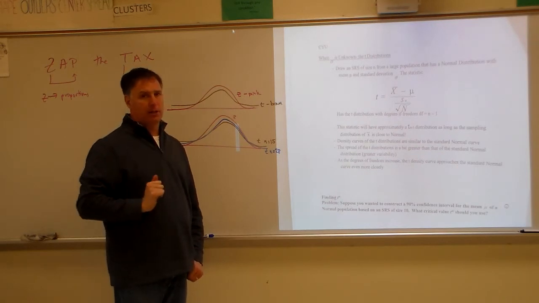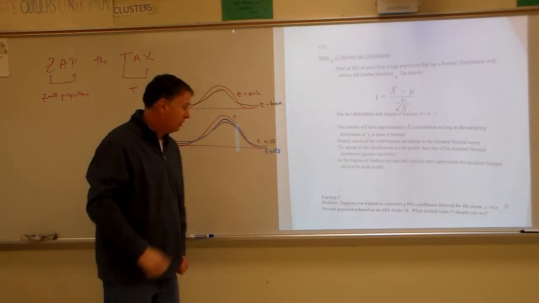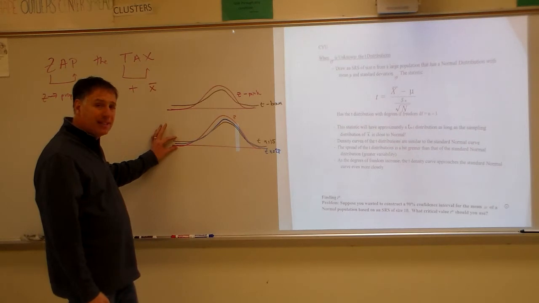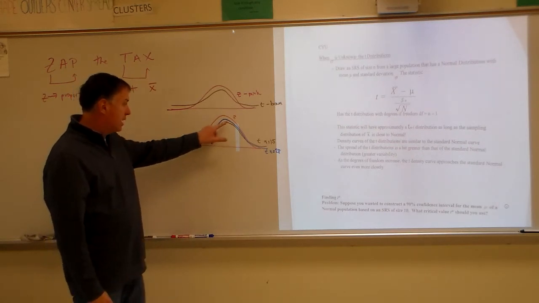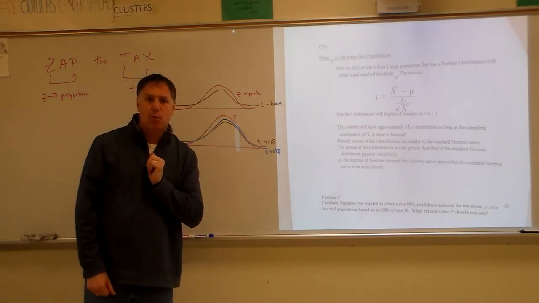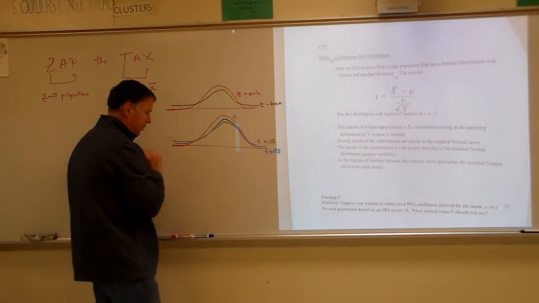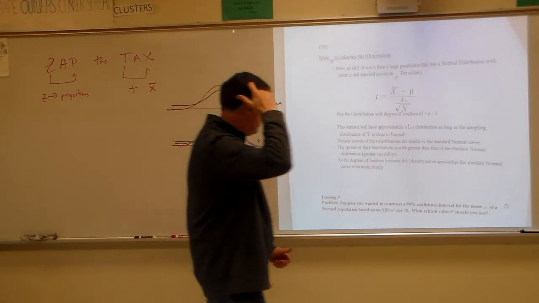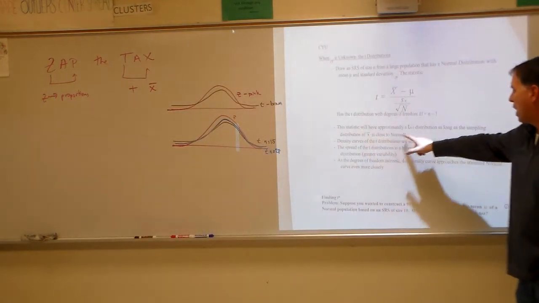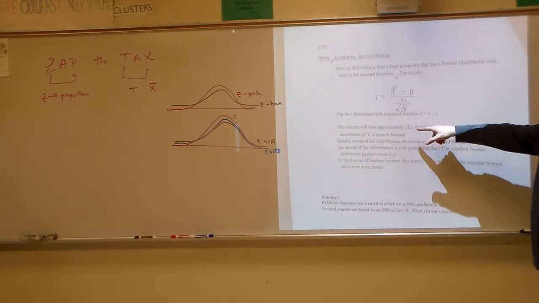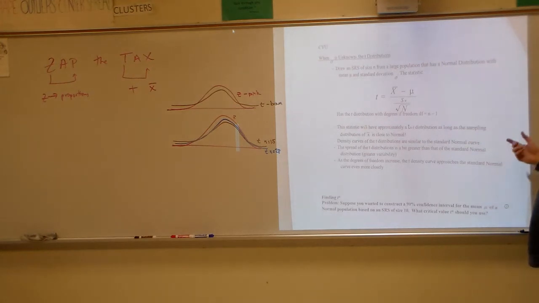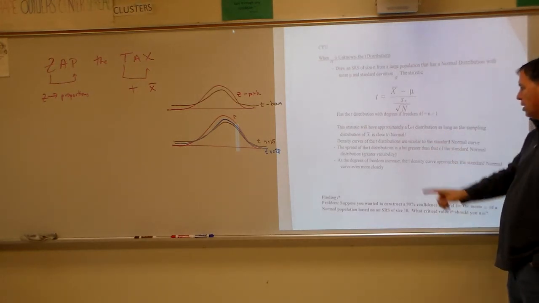If your n is small, you're going to have a lot of room in the tails. As n gets bigger, your graph becomes more and more normal. Notice it's not quite touching the pink, but it's getting close. So this statistic will have approximately a t distribution with n minus 1 degrees of freedom, as long as the sampling distribution is close to normal.